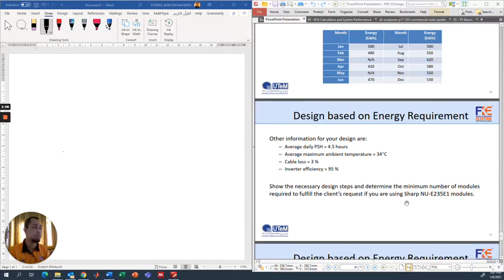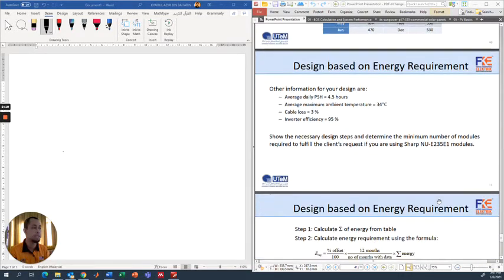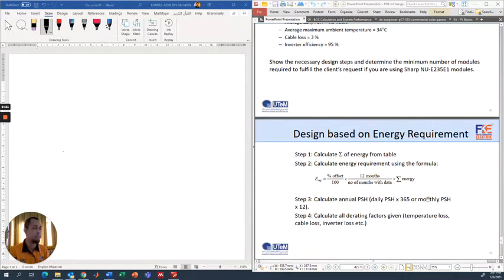And the module to be used is this model here, which is the same model that we use to solve for maximum power design. So here are the steps on how to solve. Number 1, calculate the sum of energy from the table.